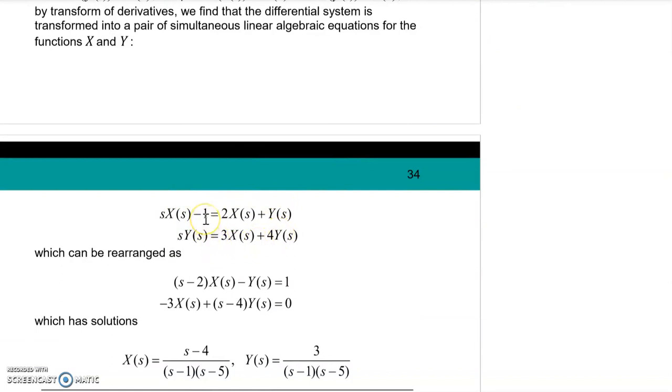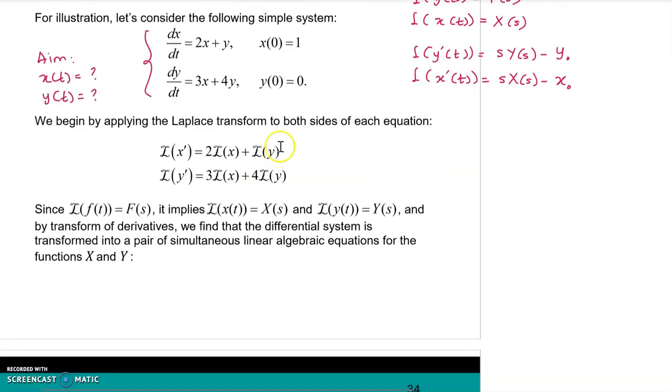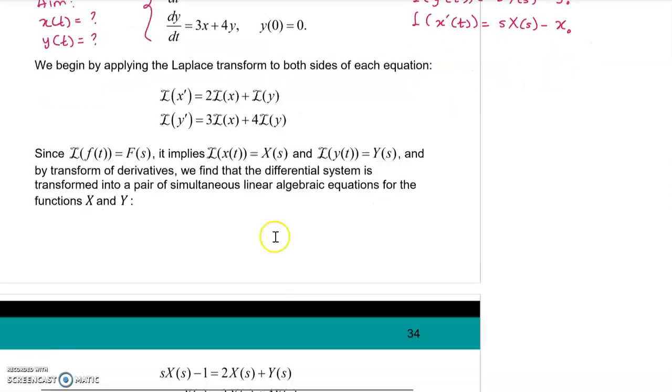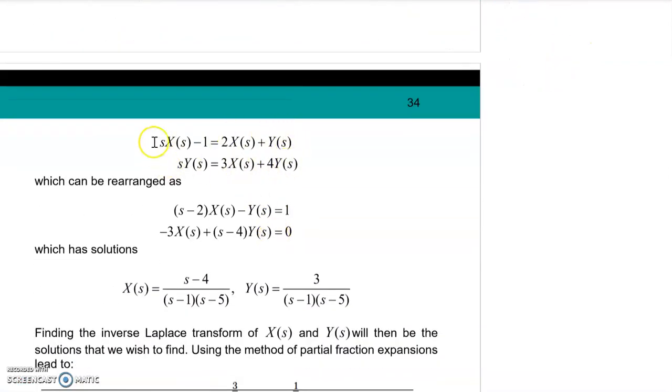We put the initial condition given, which is 1 here, and the initial condition for y is 0. So basically at this part here, it is 0. We come up with these 2 equations, which can be rearranged as this one. We just factor out the X(s) and this X(s) here. Putting together the X(s), the coefficient of X(s) becomes s minus 2, minus Y(s) equals 1. So that is your first equation.